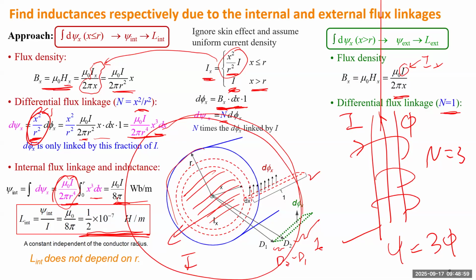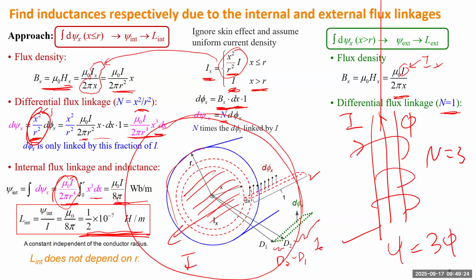Phi means how much flux you have inside this leg, and the conductor has 3 turns, which means this current is coupled with this phi 3 times. So flux linkage evaluates the linkage between the current and the flux. There would be 3 times phi.